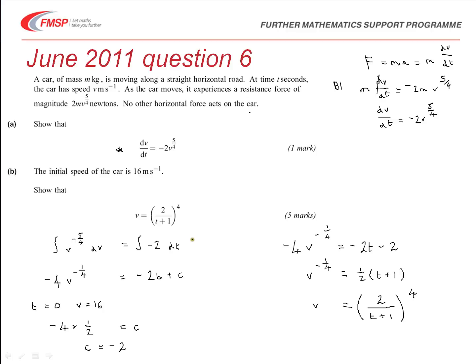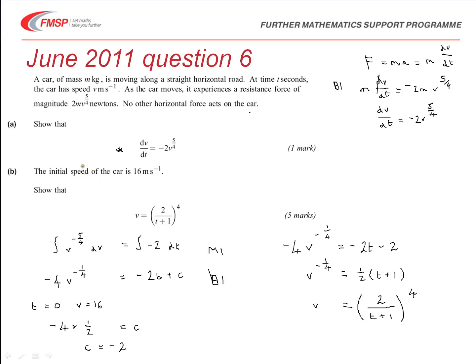So where do our 5 marks come from? Well, our method again of separating the variables in order to solve the differential equation, obtaining this answer, will give you a mark.